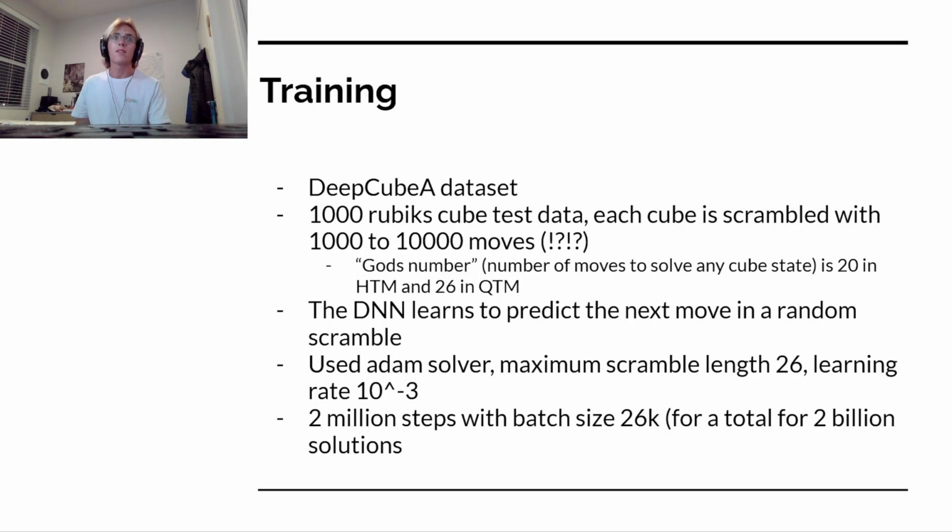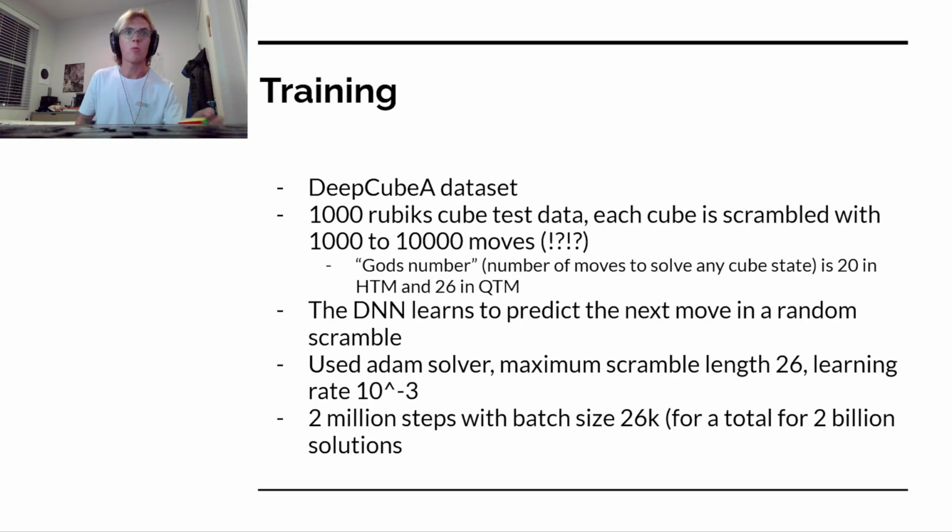So the data that this neural network was trained on is the same as the DeepCubeA solver. It has 1,000 Rubik's Cubes test data, where each cube is scrambled with 1,000 to 10,000 moves, which is kind of weird because God's number, which is the number of moves to solve any cube state, is 20 if you count a half turn as one move, or 26 if you count a half turn as 2 turns.